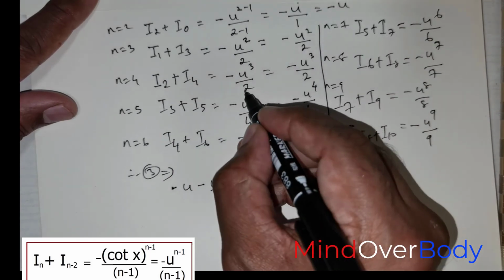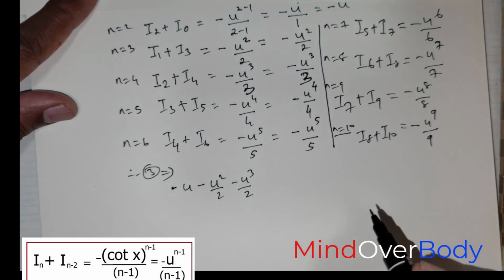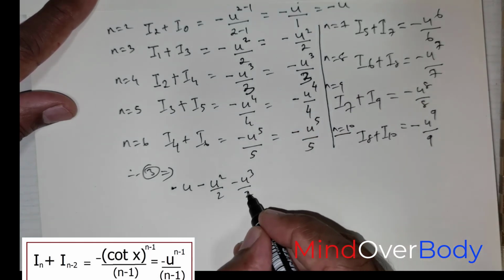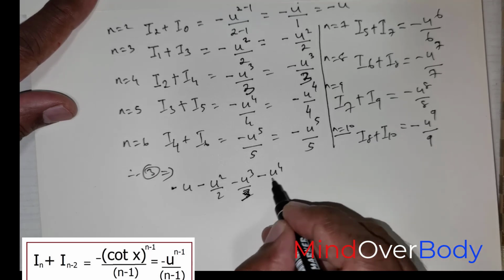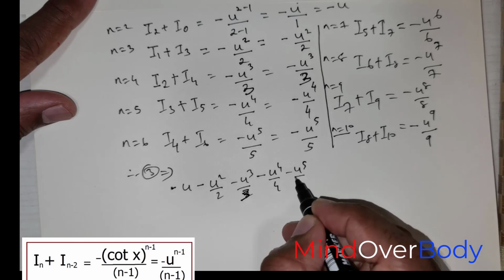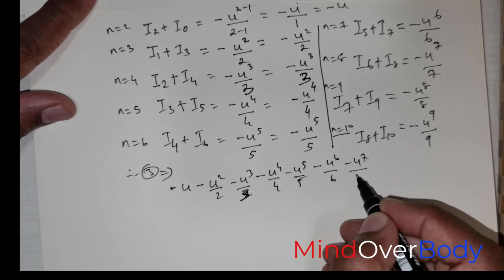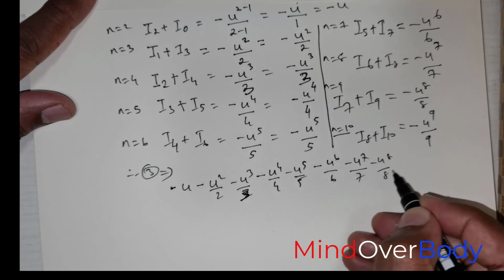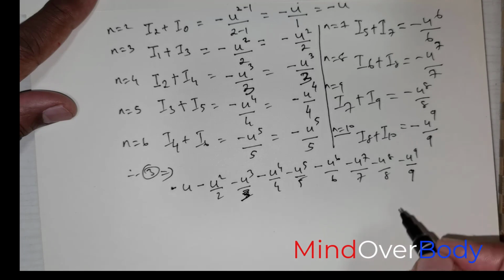Just a small correction, this is going to be 3. Okay, so u cubed over 3 followed by negative u to the 4 over 4, negative u to the 5 over 5, negative u to the 6 over 6, negative u to the 7 over 7, negative u to the 8 over 8, negative u to the 9 over 9, right?